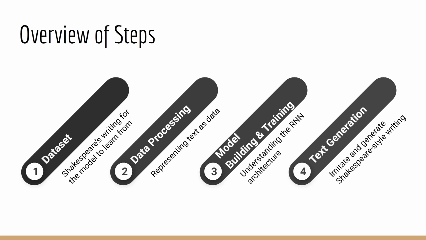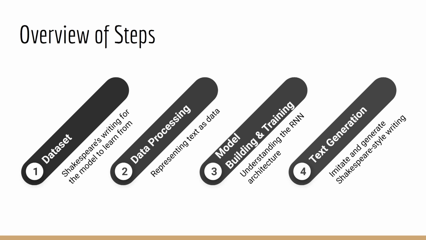That's building the model and training the model. Here we'll take a look at some of the concepts involved in the RNN architecture, so this step is where a lot of the conceptual knowledge will come in.